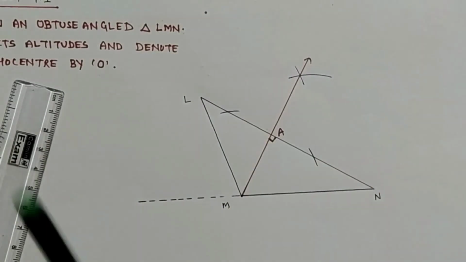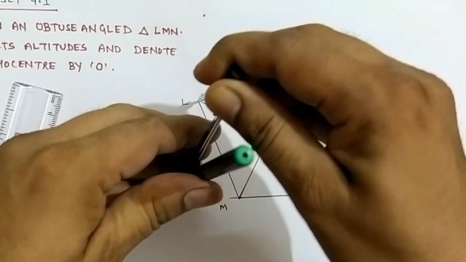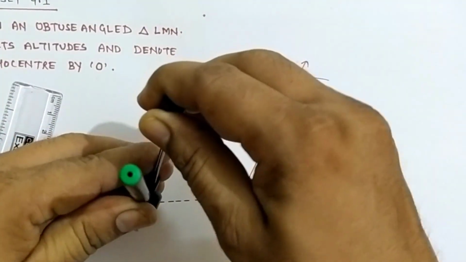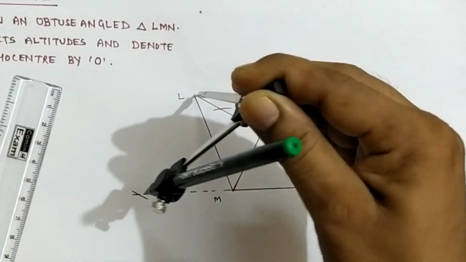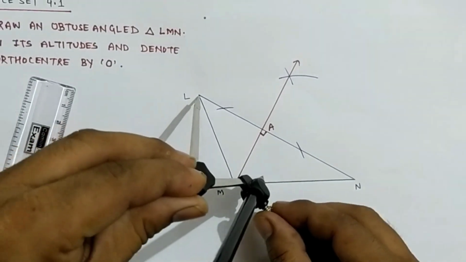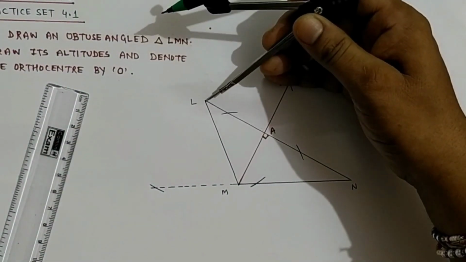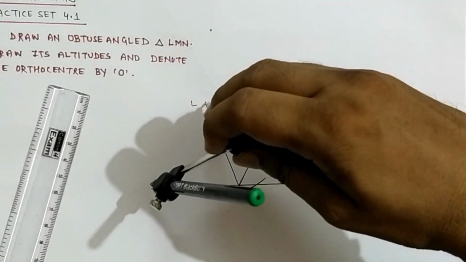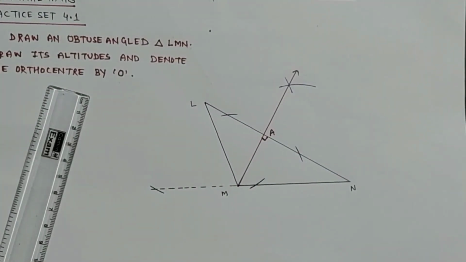Now keep the compass on point L and cut arc on the opposite side. So this is one, you can see, and then one more arc here on that base. I repeat once again. From this L we have cut the first arc, and this is the second arc we have drawn.